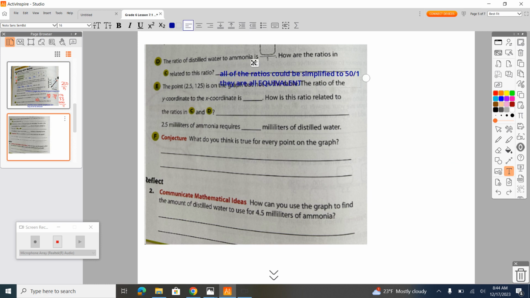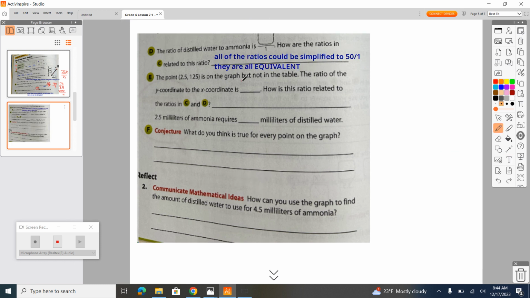Okay. The point 2.5, 125 is on the graph, but not on the table. The ratio of the y-coordinate to the x-coordinate, if we wrote that same ratio, is 125 to 2.5.